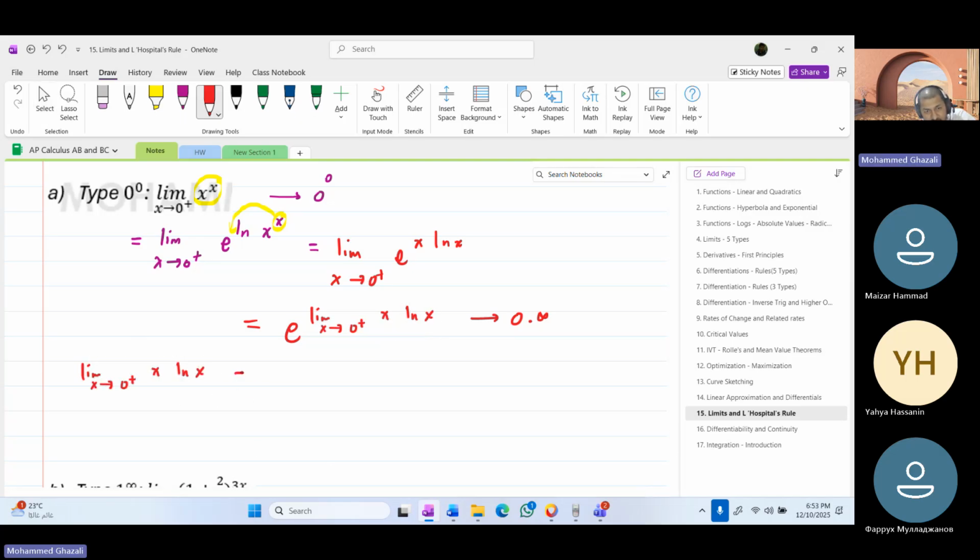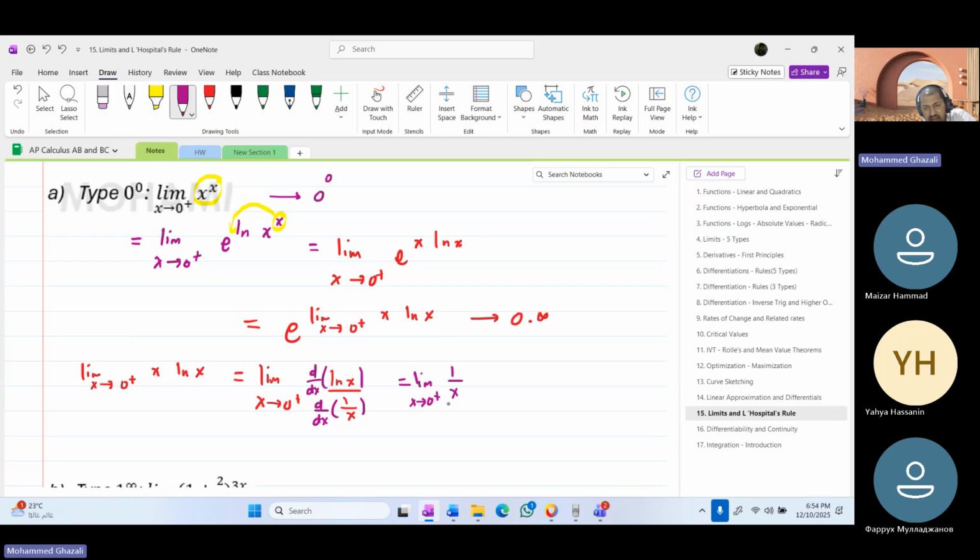This is now equal to the limit as x approaches 0 from the right of ln x over 1 over x. And then we apply the derivative. The derivative of ln x is 1 over x. We have done it before, so don't act surprised. We've done this example before with the indeterminate products.